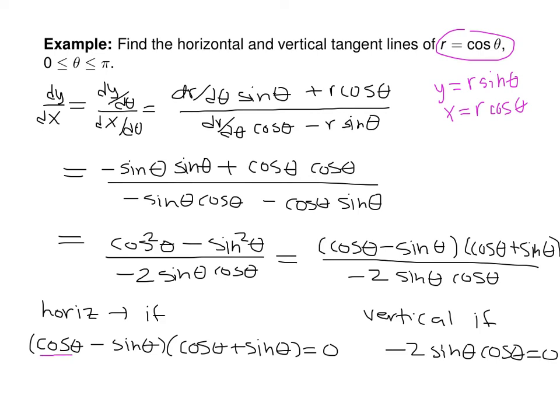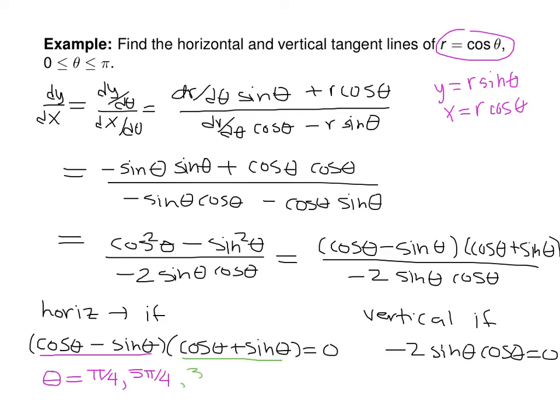Now this first expression, cosine theta minus sine theta, means that your cosine and your sine have to be equal. And cosine and sine are equal at theta equals pi quarters and 5 pi quarters. Now the second one will imply that cosine of theta equals negative sine, so they're the same numbers but opposite.